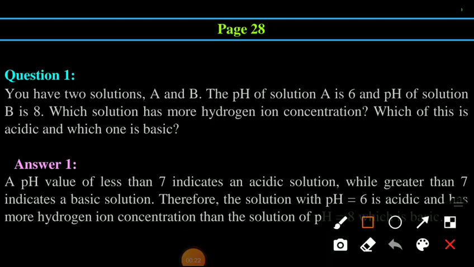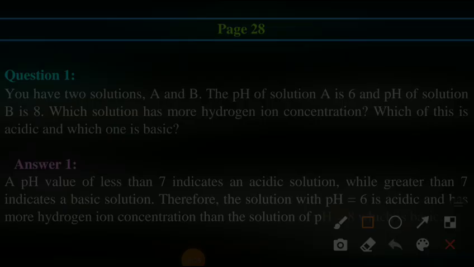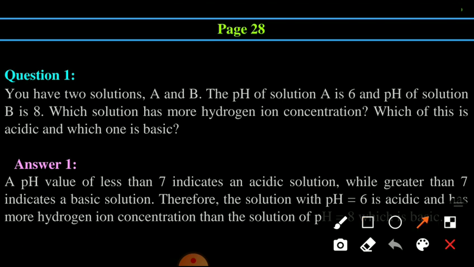In NCERT book page number 28, question number 1 is: you have two solutions A and B. The pH of solution A is 6 and pH of solution B is 8. Which solution has more hydrogen ion concentration? Which of this is acidic and which one is basic?